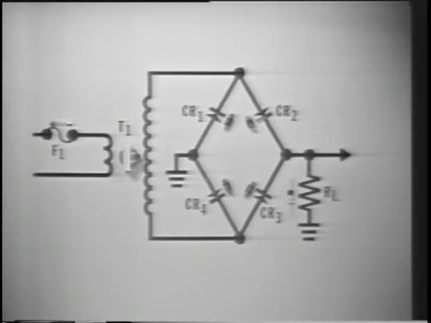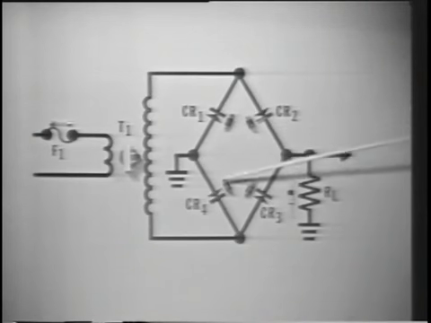It's a couple of electronic switches, a transformer, and a load. CR2 and CR3 electronically switch the load, and CR1 and CR4 electronically switch the ground. These two switches, or pairs of diodes, work together to utilize all the secondary voltage all the time.